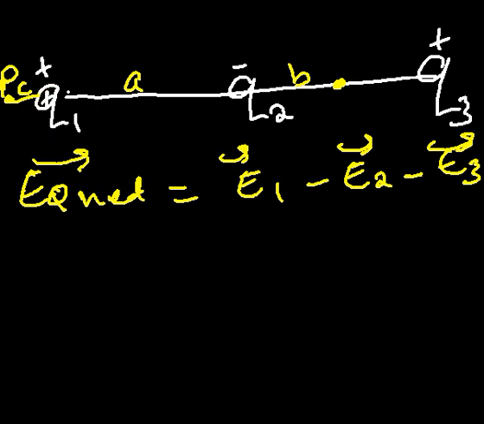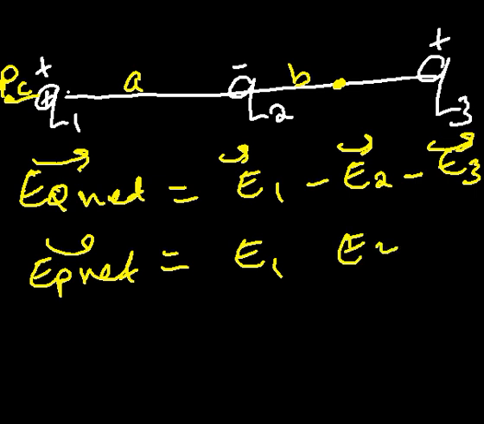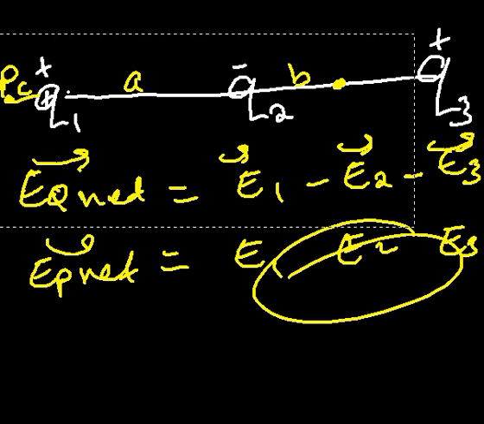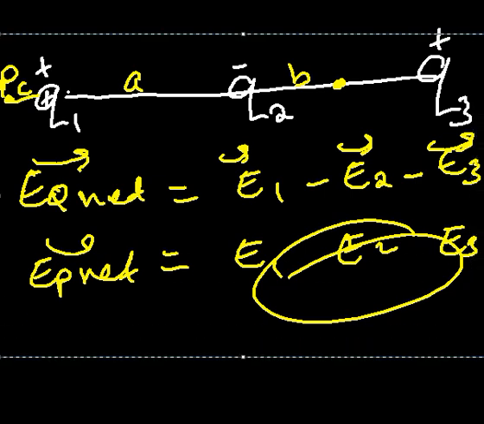The net electric field at point B will be given as the electric field due to charge 1, electric field due to charge 2, and also charge 3. Can you come up with expressions based on the directions, either positives or negatives?